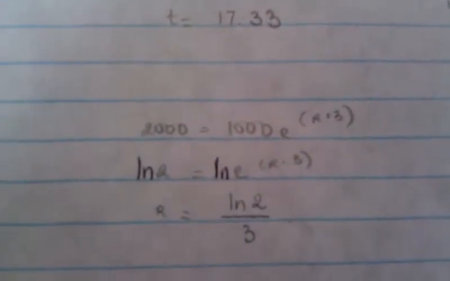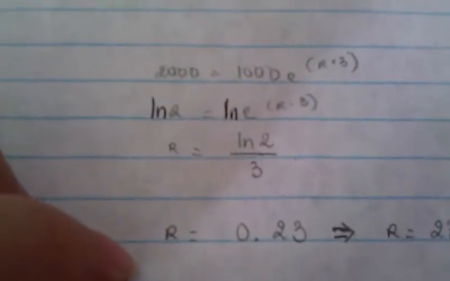It's the same thing. The natural log of e cancels out, and then r times 3 equals natural log of 2, and then I divide by 3 from both sides, and I get r equals 0.23. Use 2 decimal places so that when you put it as a percentage, you can move 2 places, and that equals 23%.